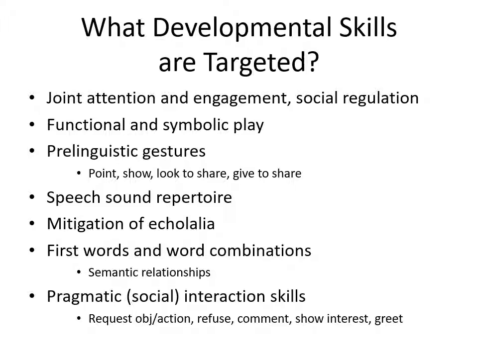I would say that behaviorists try to address some of these as well. They don't necessarily do them in a developmentally sequential fashion, but they do try to work on some of these same things.